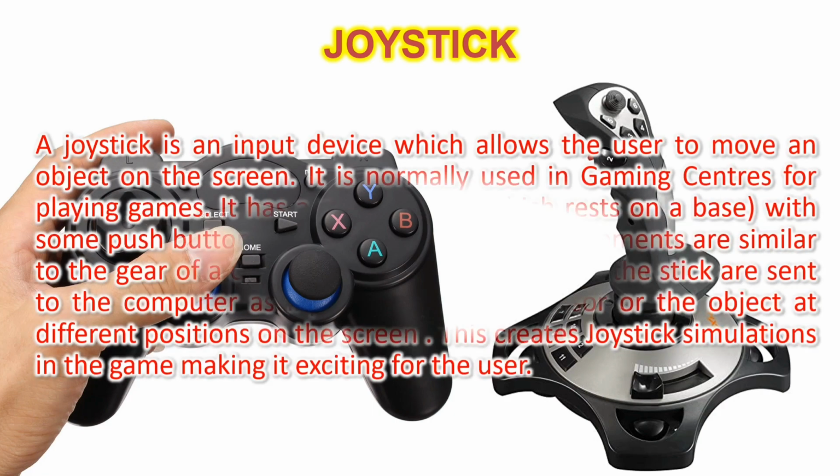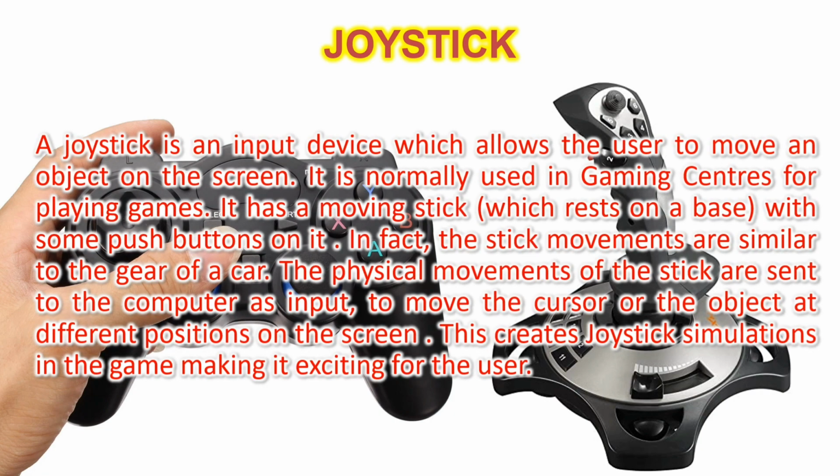A joystick is on the screen and it is an input device which allows the user to move an object on the screen. It is normally used in gaming centers for playing games. It has a moving stick which rests on a base with some push button on it. In fact, the stick movements are similar to the gear of a car.